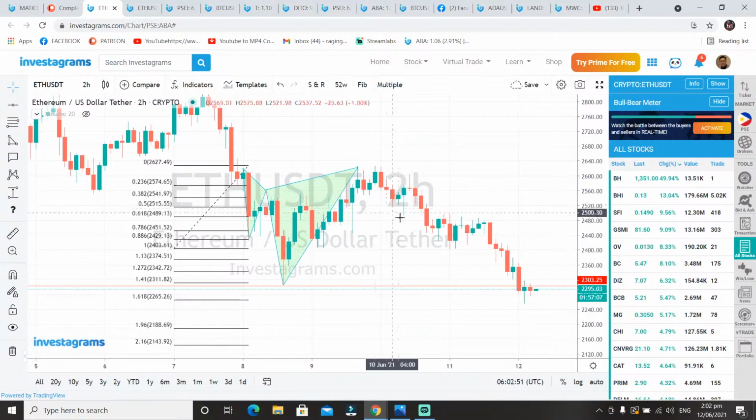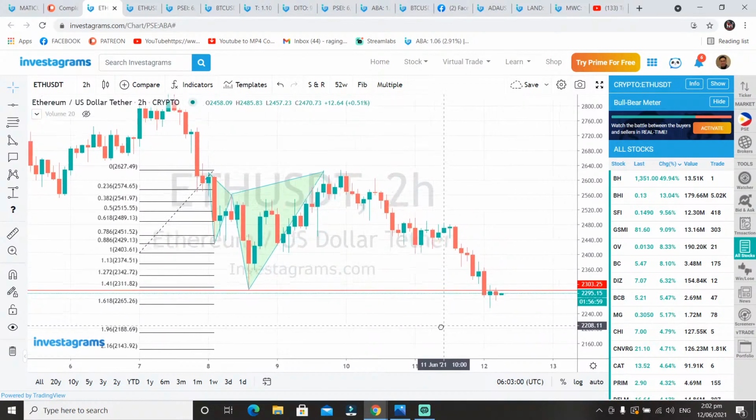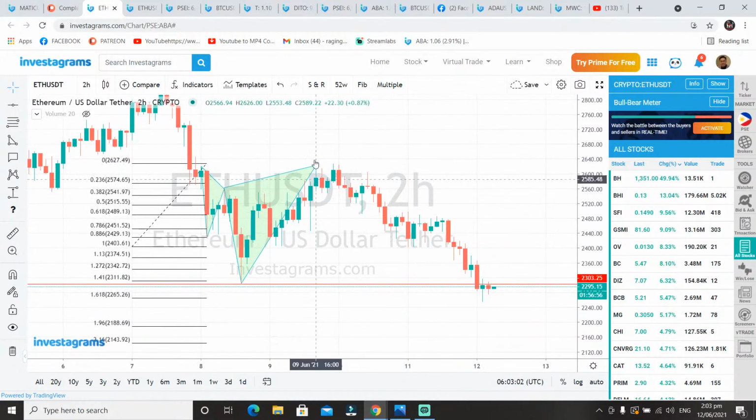So as it moves, you're just looking for your target profit when you entered here. But as it moves, you will also check what pattern it's forming.